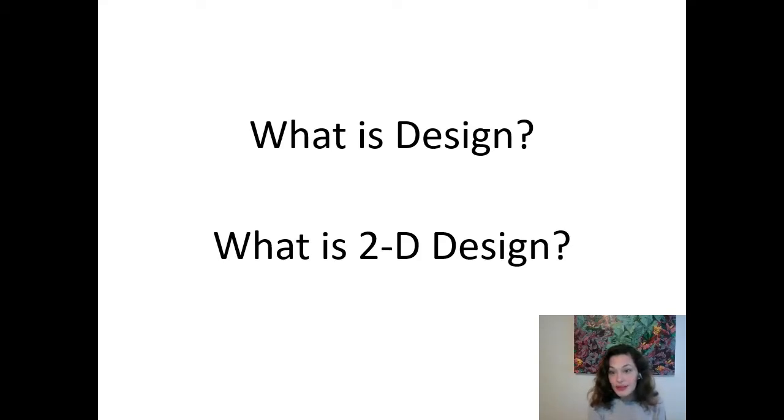Like, for example, if you've ever watched a makeup tutorial on YouTube and they're teaching you how to make a certain kind of look with the makeup, that's design. The way that you arrange the furniture in your house, design. The way that you arrange flowers in a vase, that's design. It's any time that you intentionally make things look a certain way in order to be seen by the outside world.